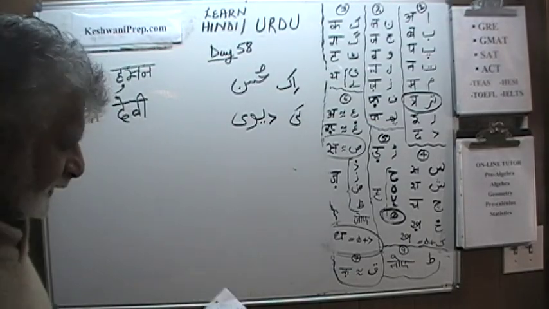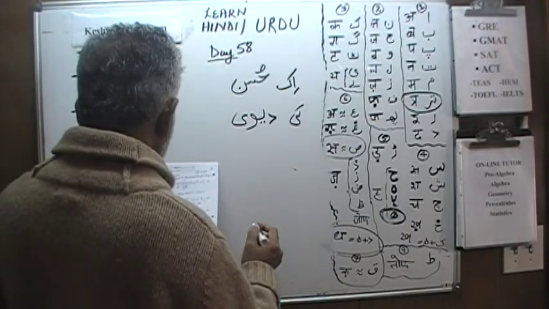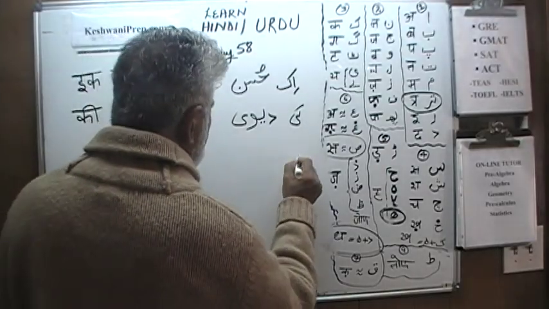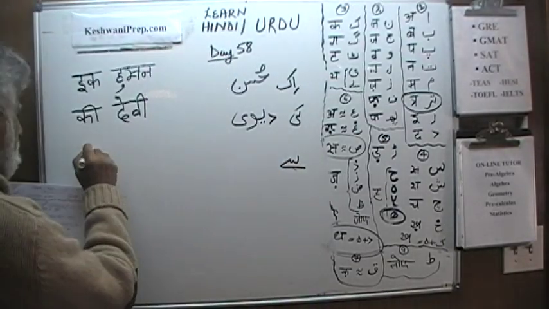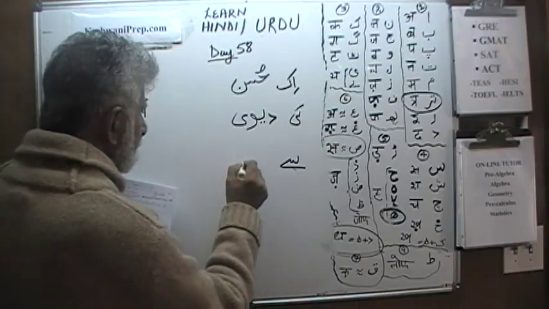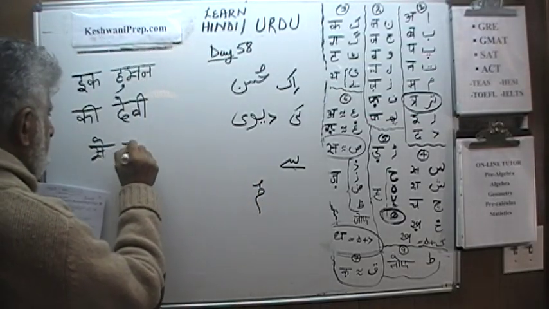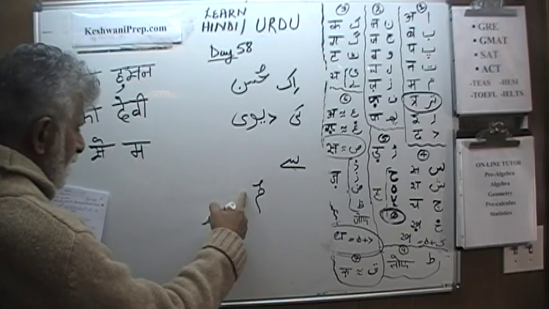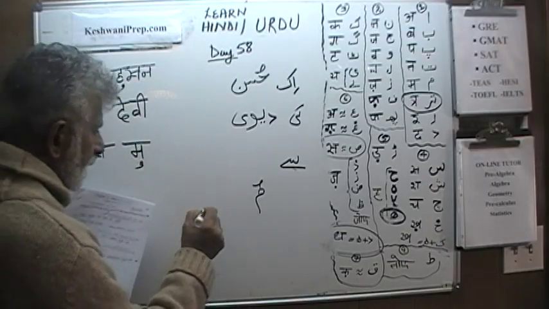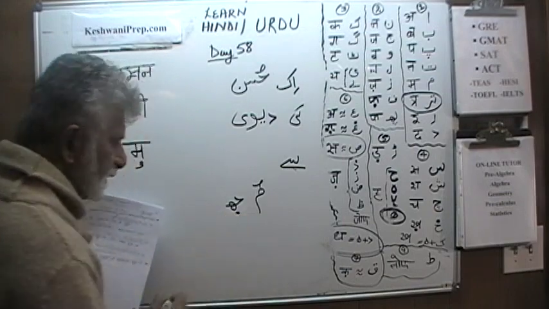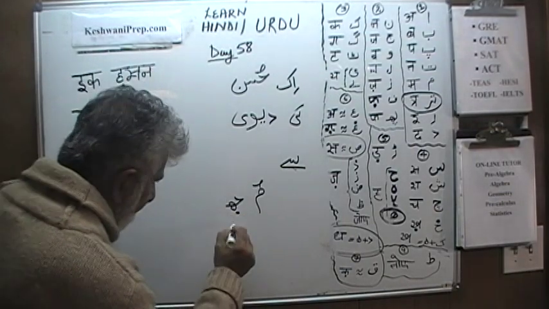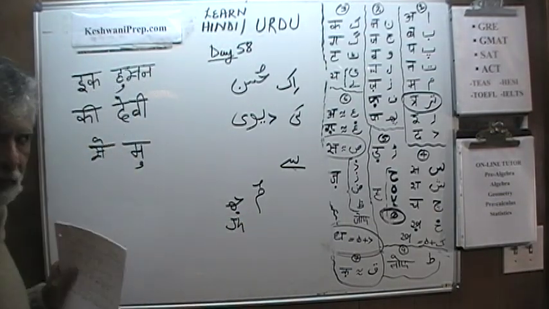Ek husn ki devi se. And then we have mu. Choti u ki matra, mu. And then we need a j. J in Urdu we'll write it with J and H, just like you will do in English.